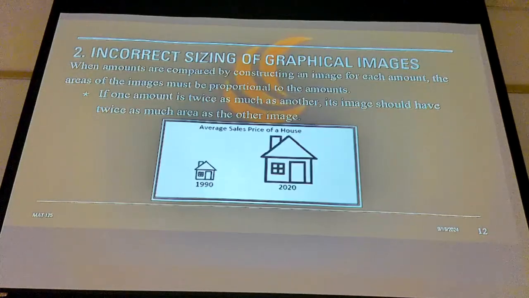If you do the math, it's about 2.6 times. However, that 2020 image has more than 2.6 times the area. So that would be misleading.